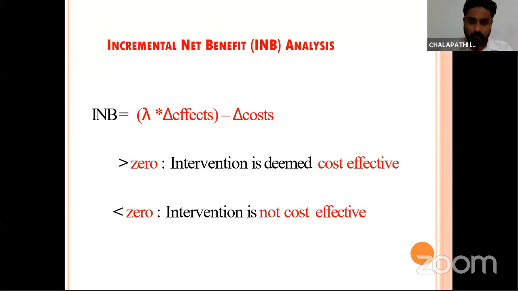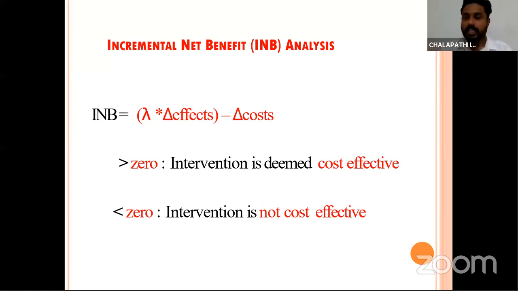Suppose my lambda is 4,000 and the cost difference is 5,000. That means I am paying 5,000 rupees to get a benefit of 4,000. That is not at all cost effective. So this is how we do incremental net benefit. But this is applicable when you go for decision making. Otherwise, to simply do a cost effectiveness analysis, you don't need incremental net benefit analysis. You can stop at the level of ICER.